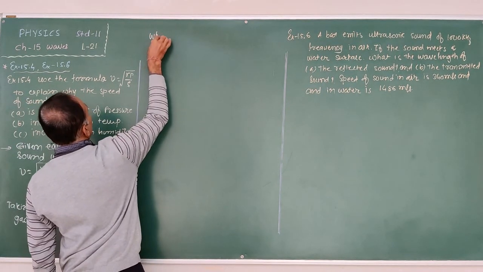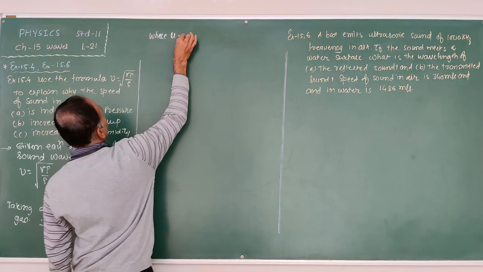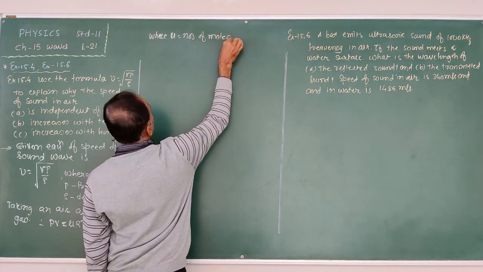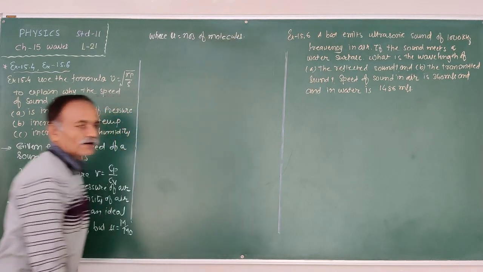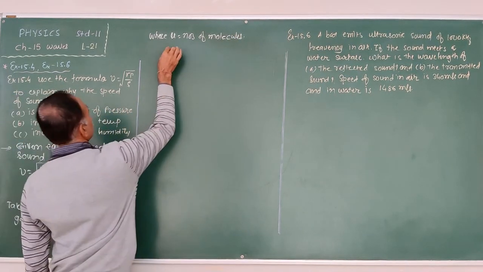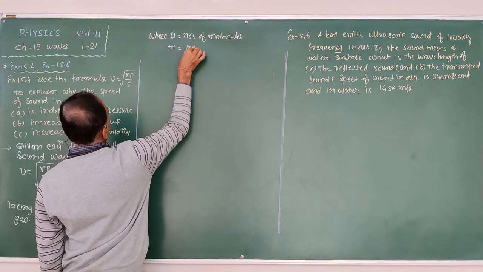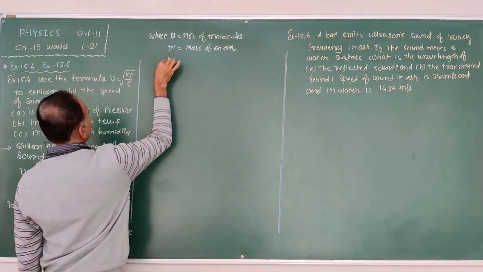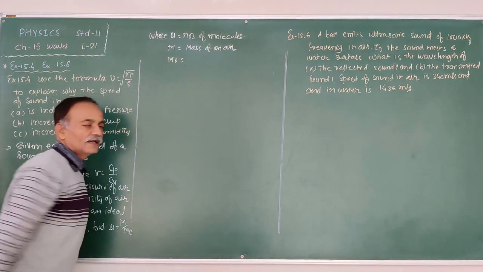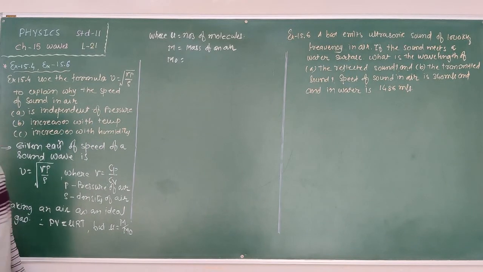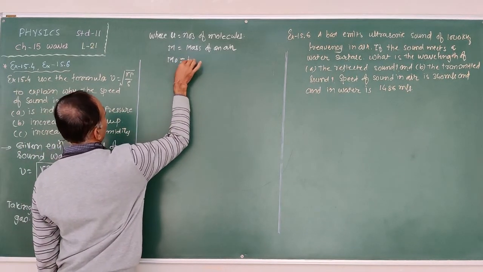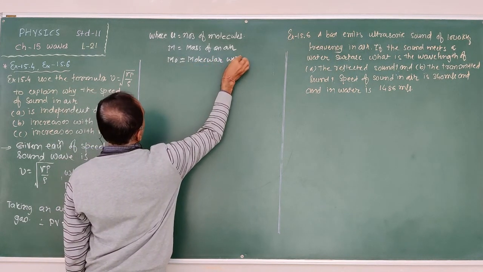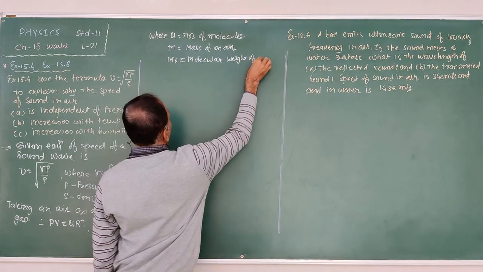Where mu is equal to the number of moles in a given quantity of a medium, M is the mass of the given air, and M0 is the molecular weight of the air medium.